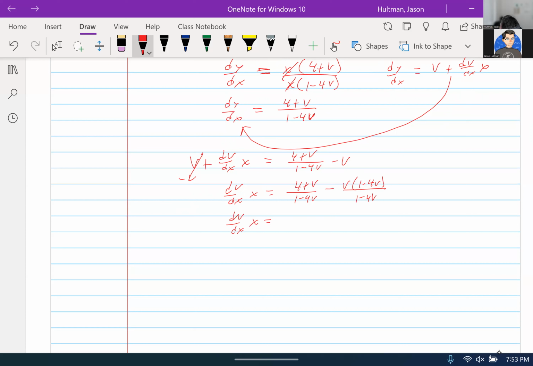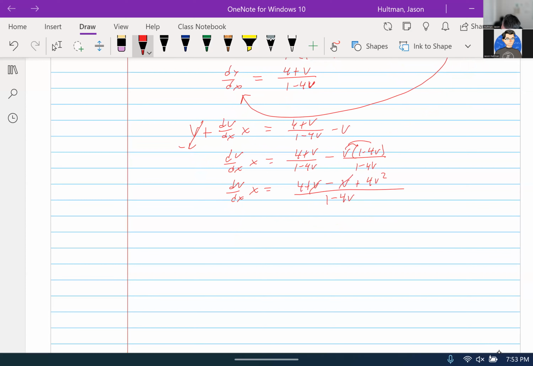Distribute the top, and I get 4 plus v minus v plus 4v squared, all over 1 minus 4v. So dv/dx times x is equal to 4 plus 4v squared over 1 minus 4v.